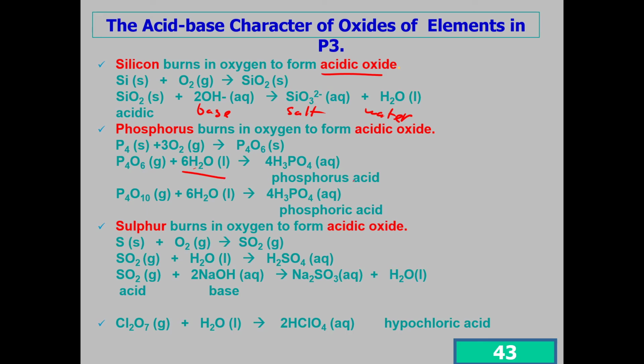Sama lah macam tadi. So anything is either acidic ataupun basic oxide. Okay, either way, you tambah je dengan water, kalau acidic you akan dapat acid, kalau basic you akan dapat base.